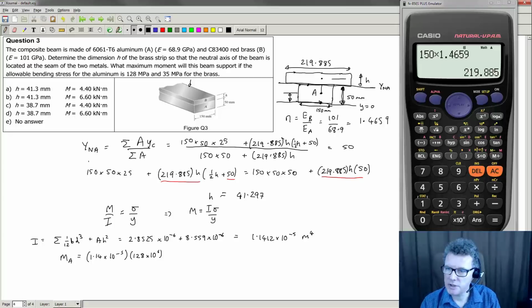And then you want to take the distance from the neutral axis to the most extreme point, which is going to be 50 times 10 to the minus 3.